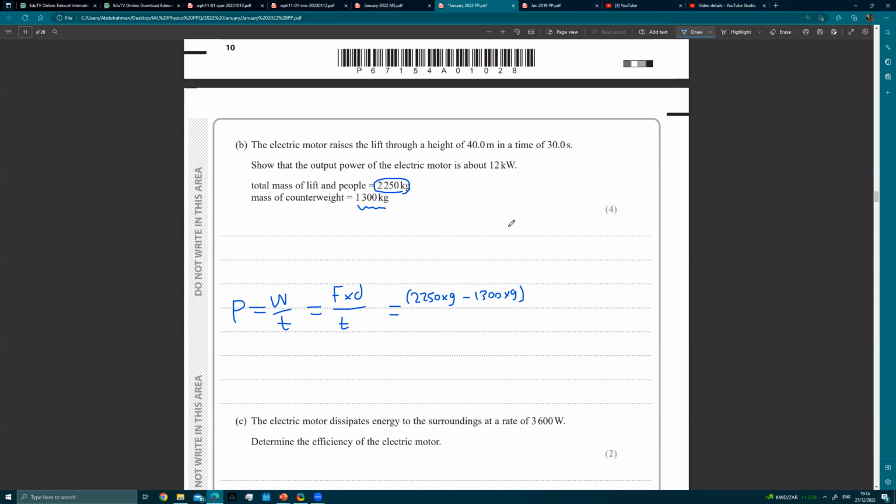So this is the total force acting on the lift, because you've got the mg from the lift, and then you also have the mg, or the weight, of the counterweight, right? So the counterweight is applying its own force, which is equal to its mg, which is 1300 times by 9.81. So this is the total force required to lift the lift. Does that make sense? Yeah. So that's why you had to minus.